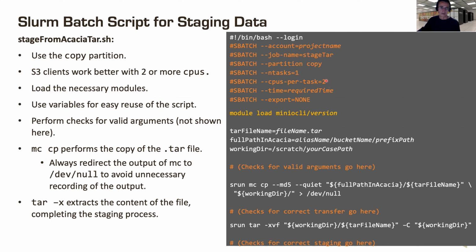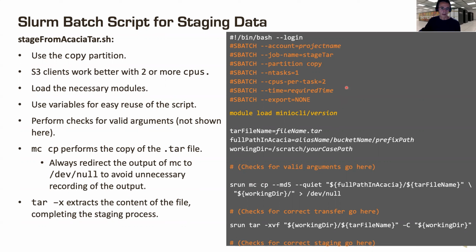In this case, how many threads are going to be assigned to that command. So in this case, we are recommending to use 2 threads per task for the MC commands.